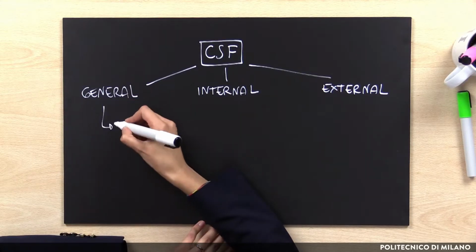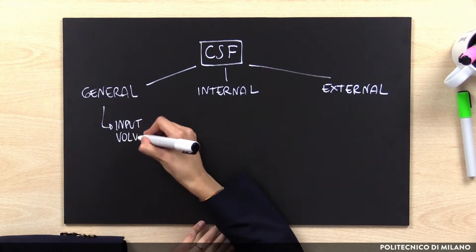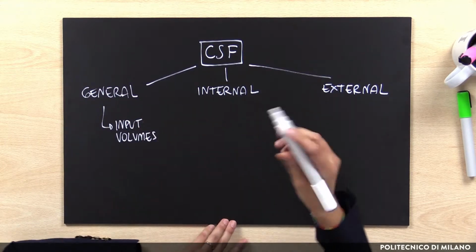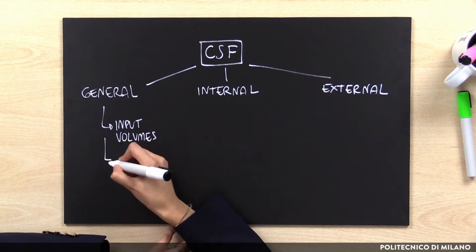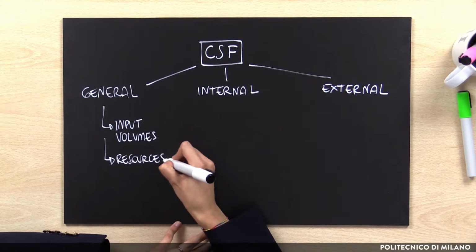In this category, we can measure, for example, input volumes, which measure the volumes or number of requests that are inputs to the process. For example, the number of requests of variation in the request of the customer. Then we can measure resources, which measure the physical resources involved in the process, such as workforce involved or technology used.